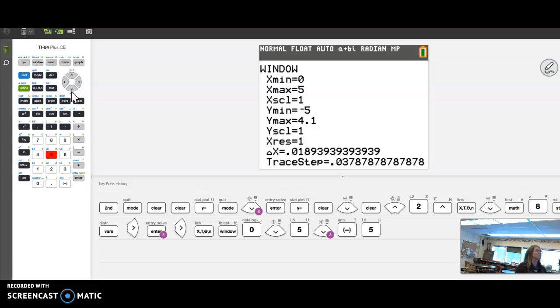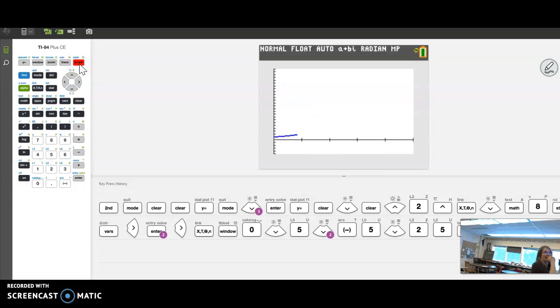I want to go up higher in the y direction, so I'm going to go to like 25. If I push graph, that is the graph of 2 to the x, and that is the graph of the slopes of 2 to the x.